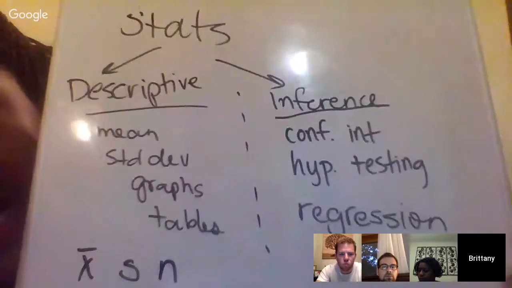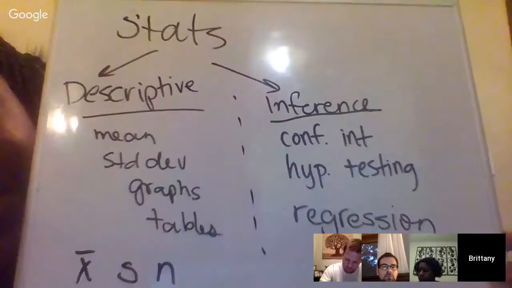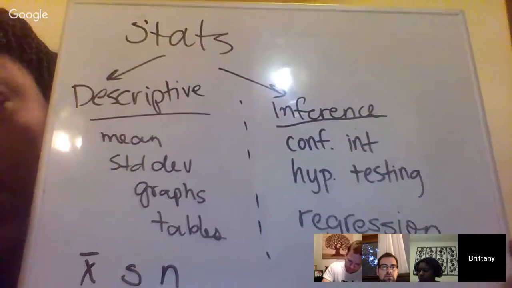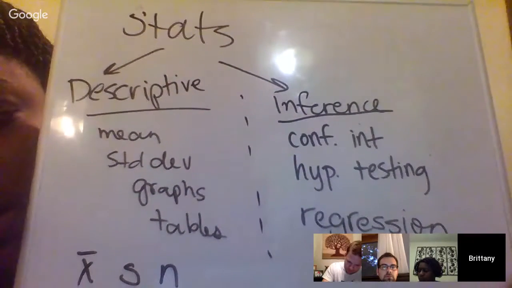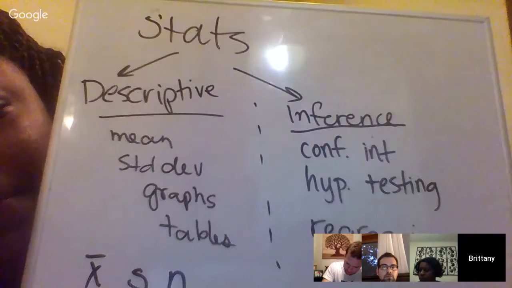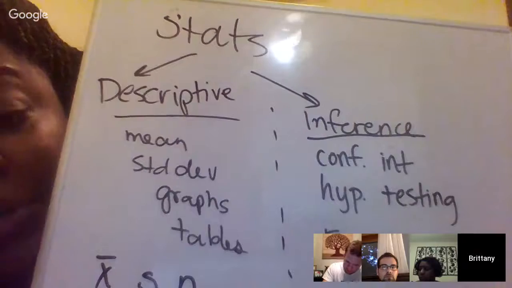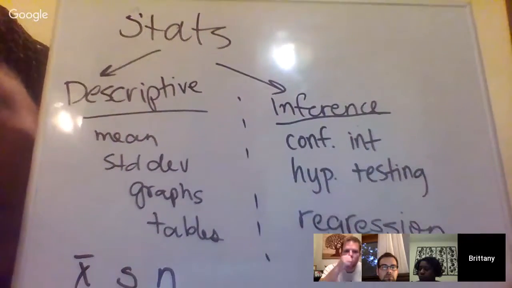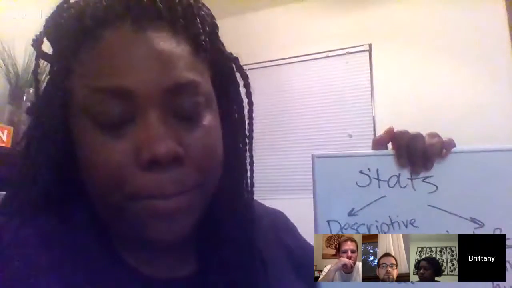Of our two sides, the descriptive statistics are pretty straightforward. I think finding the mean and the standard deviation of a data set is not something we'd ever do by hand. Actually, none of this stuff we actually do by hand. And we can get in a little bit to Stata if you want to as well.